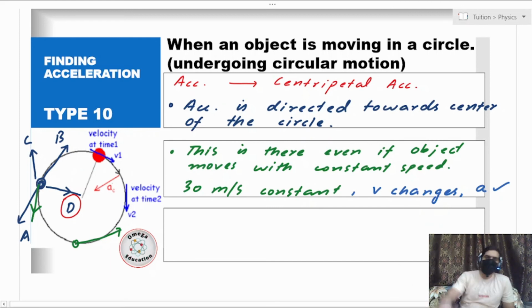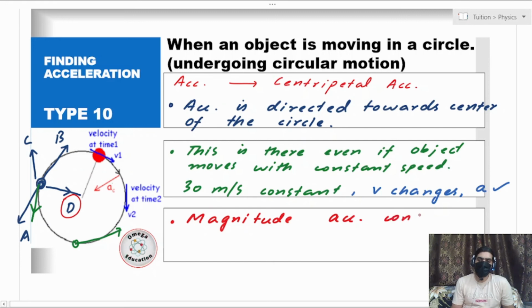And the final thing that you need to consider here is if that acceleration is constant or not. In terms of the magnitude, the acceleration for an object moving in a circle, or we can say the centripetal acceleration, is constant in terms of magnitude.